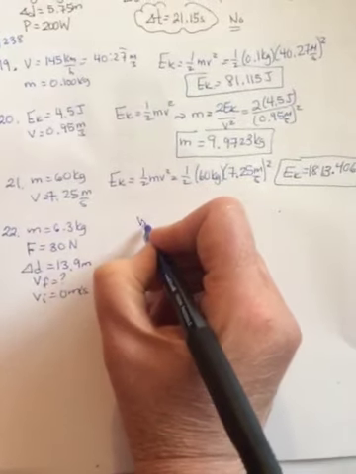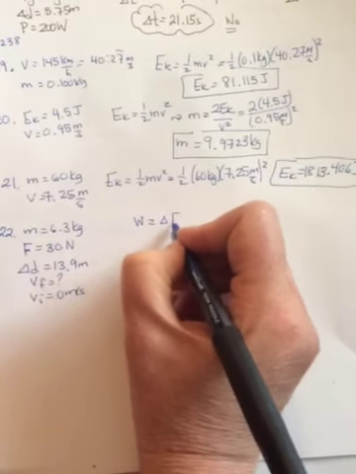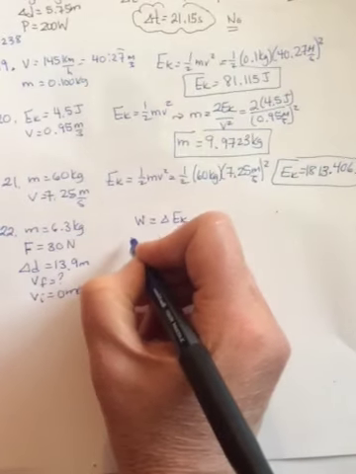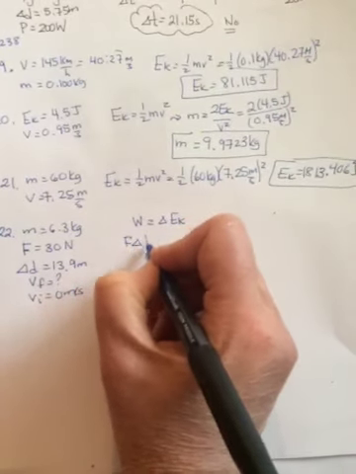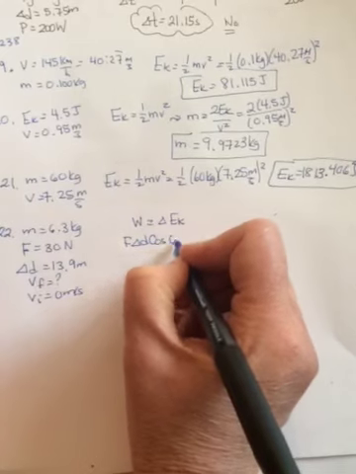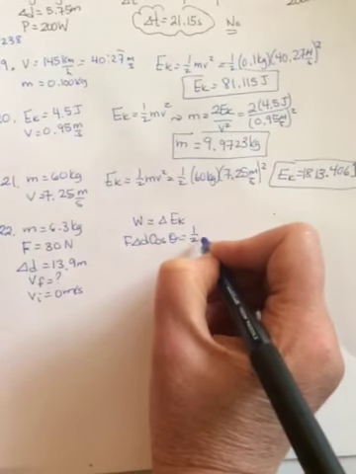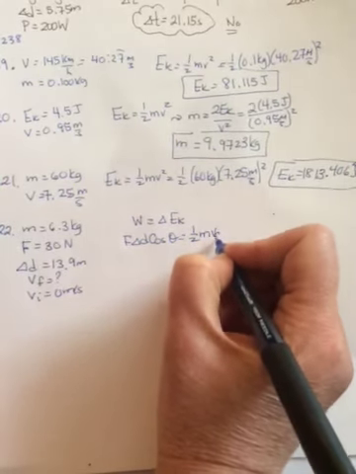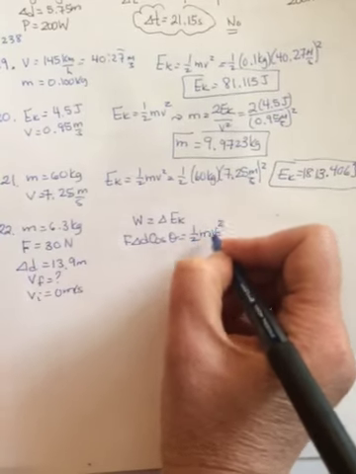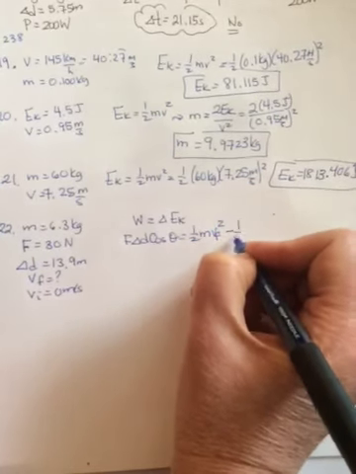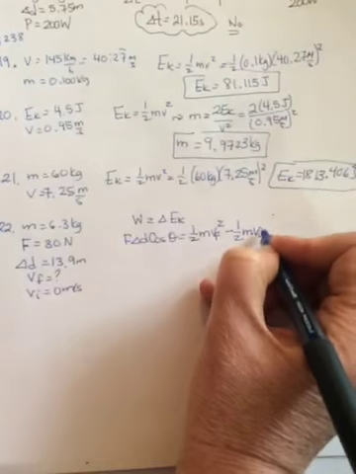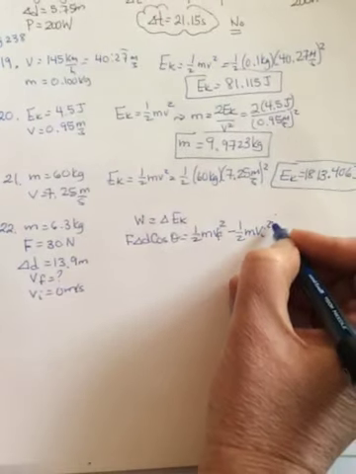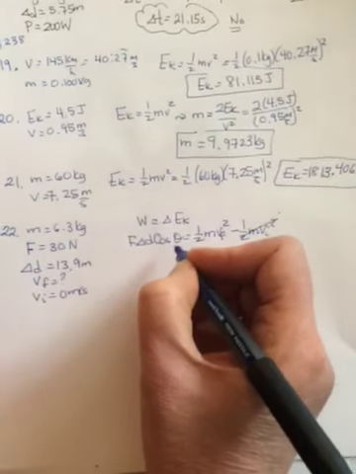So we need to use that the work done is equal to the change in kinetic energy. And we know work done is F delta D cos theta. And we know the change in kinetic energy is 1/2 m v final squared minus 1/2 m v initial squared. The v initial is 0, so this term disappears.